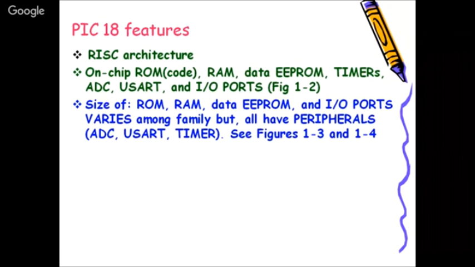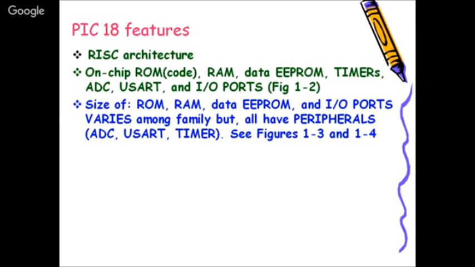So even in PIC 18 you don't have the complete 4K available for all the series, but in general I am saying that is the maximum you can have. Maximum you can have 4 kilobytes, and some families will have some number of banks available, 2 banks or 3 banks, not all 16 banks, but the total maximum you can have is 16 banks.